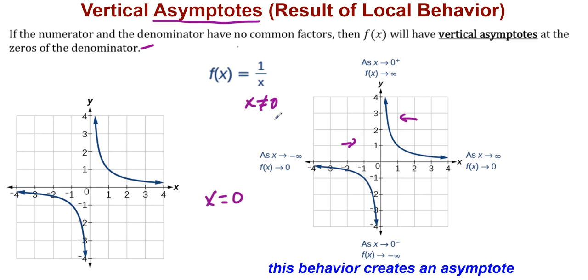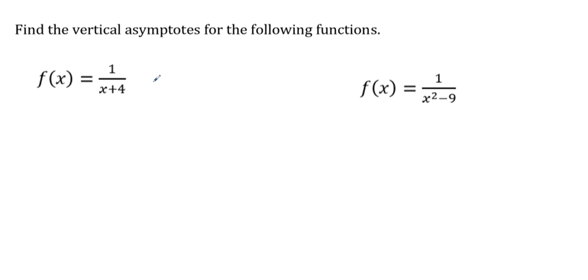And we can find these pretty quick by finding where the denominator is equal to 0. So all we do in this case is we have 1 over x plus 4. We set that equal to 0, and we have an asymptote at negative 4.